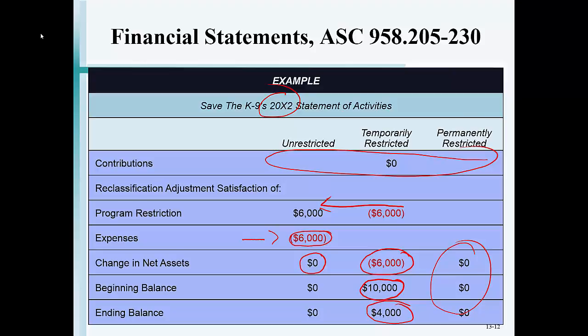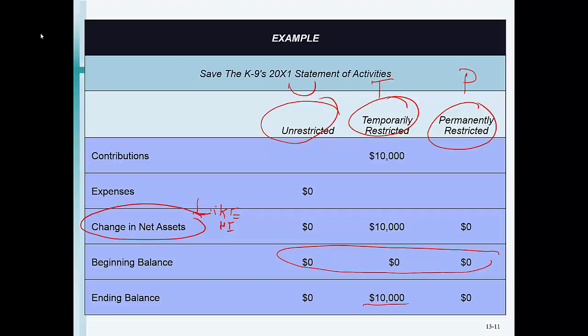that the test questions that I'm going to be giving you may tell you the whole story. It'll sit there and say, Save the Canines received $10,000, of which the donor specified that it should be used for the Fluffy program. Save the Canines didn't spend any money in year 1 and spent $6,000 in year 2.